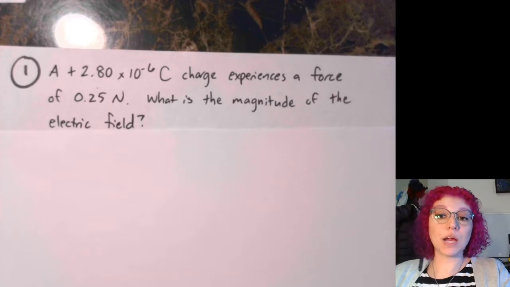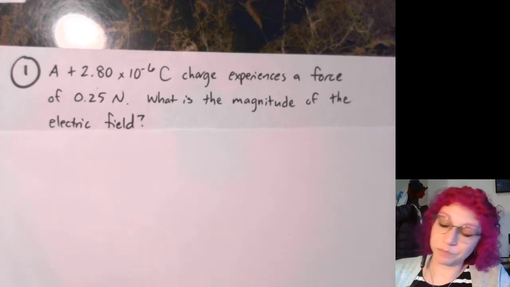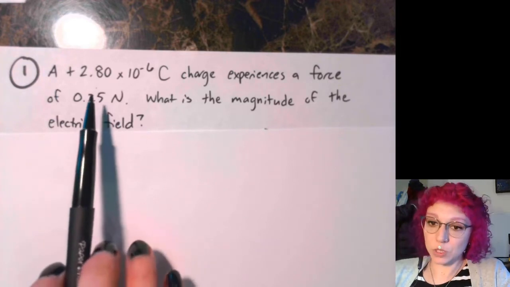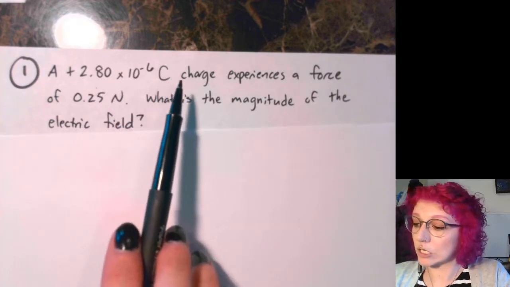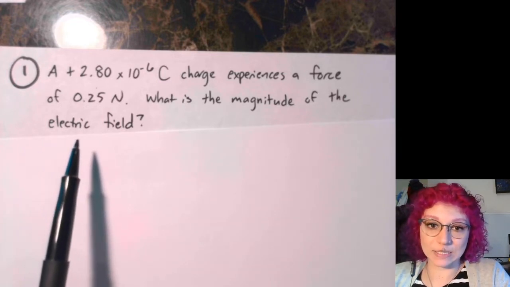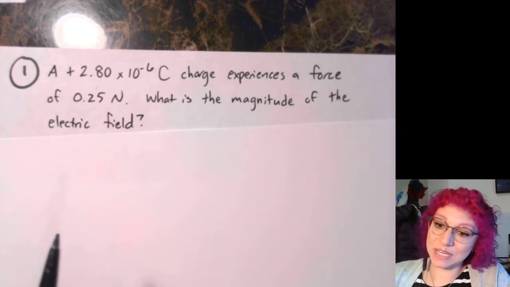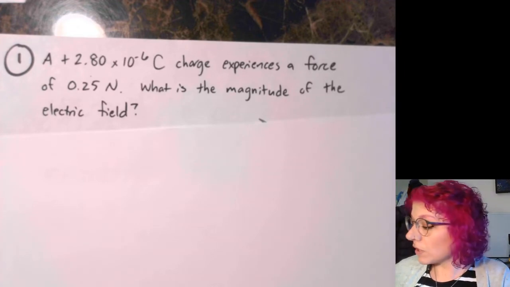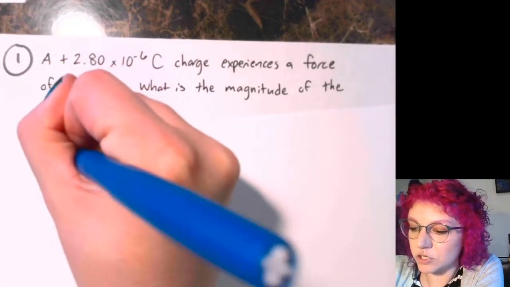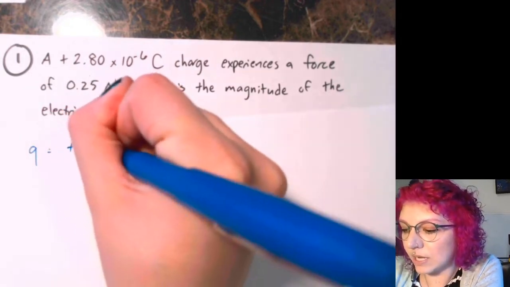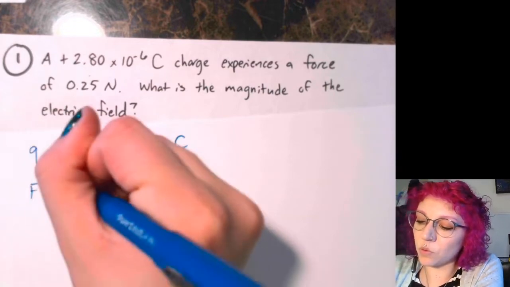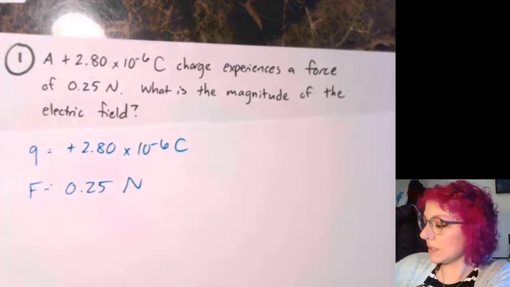Let's look at a practice problem involving the electric field. We're told that a positive 2.8 microcoulomb charge experiences a force of 0.25 newtons. What is the magnitude of the electric field? First, I'm going to write down everything that I know. So I know that my charge is positive 2.80 times 10 to the minus 6 coulombs. I know that the force is 0.25 newtons.